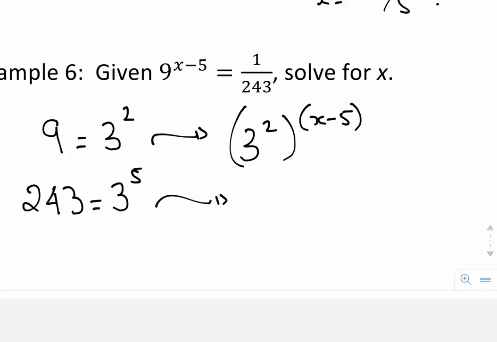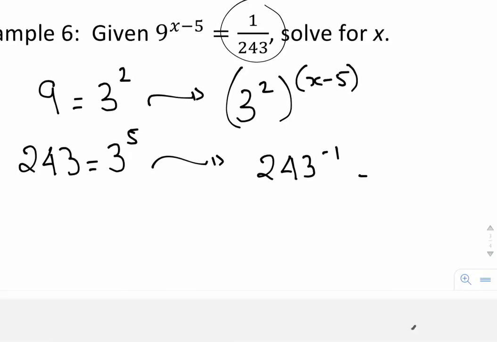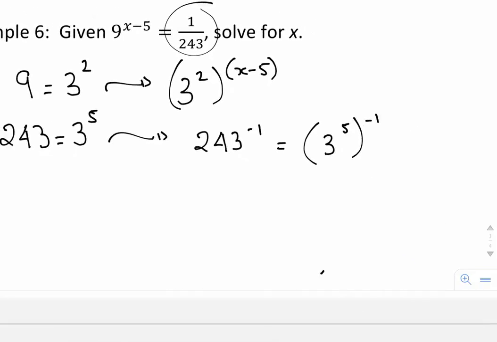And the right-hand side, well, 243, what I'm going to do is rewrite that as 243 to the negative 1. Again, I'm looking at my fraction here, and I'm rewriting it as the reciprocal with a negative exponent. Now the 243, like we said, that's 3 to the exponent 5, all to the negative 1. And so this line is going to be 3 to the exponent negative 5.